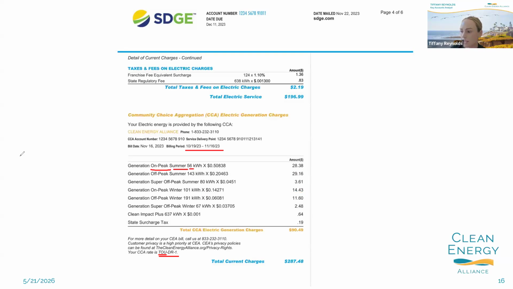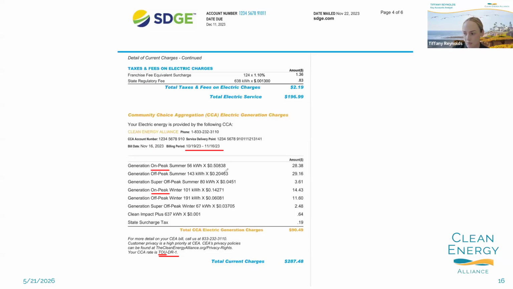So what you really want to look for here is, again, what we talked about earlier with your time of use. On peak is the most expensive time to use electricity. If you can shift any of this usage into the off-peak or the super off-peak, you are going to be paying significantly less.